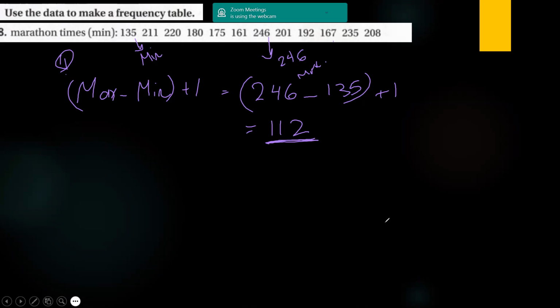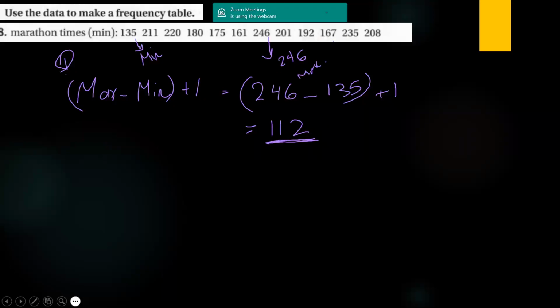Or if you cannot, you can round or estimate 112 to another number that can be used also. As an example, you can make it 112, or you can make it 115, or you can make it 120.